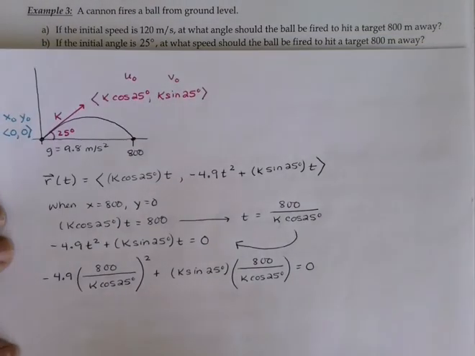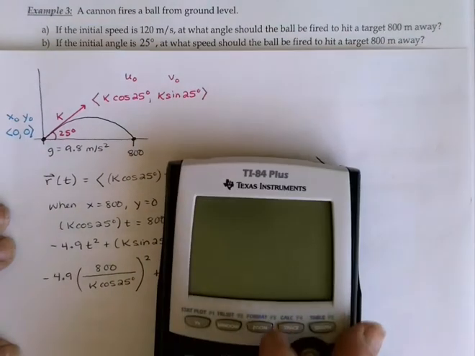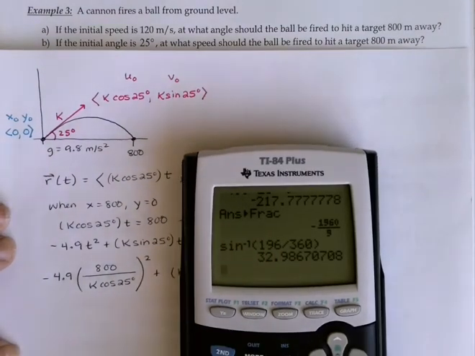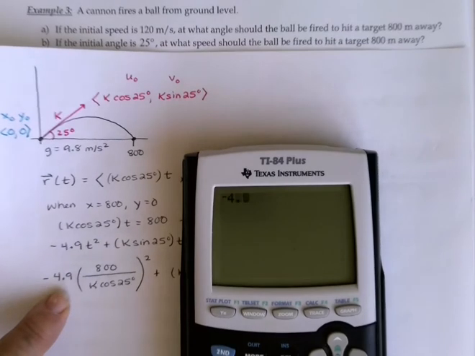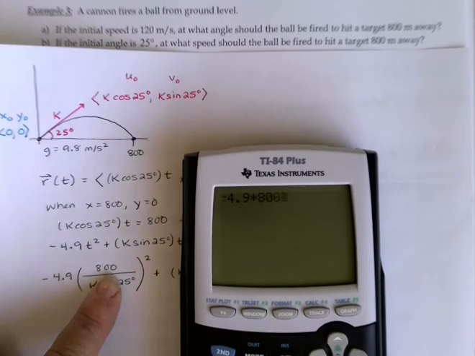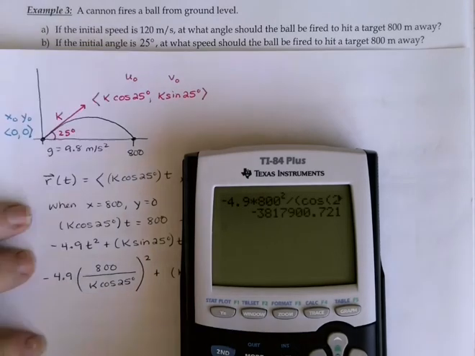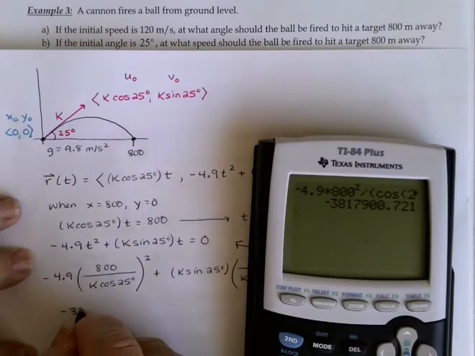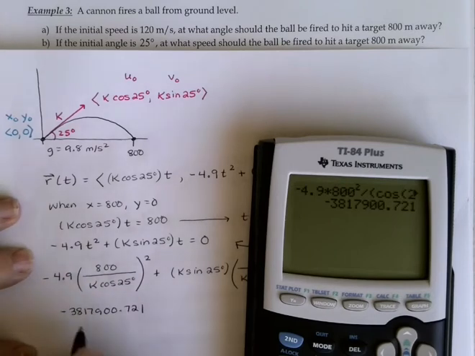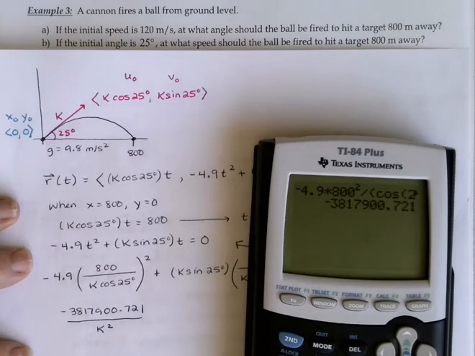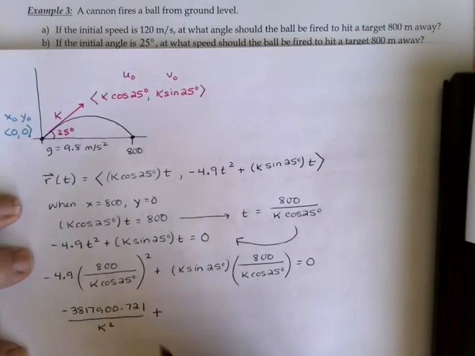And let's see here. Again, I'm going to do a bit of the arithmetic. On this first term, I'd have -4.9 times 800 squared divided by cosine 25, also squared. Oh, big number here. -3817900.721, and then there's going to be a k squared in the denominator, plus the k's here actually cancel each other out, right?